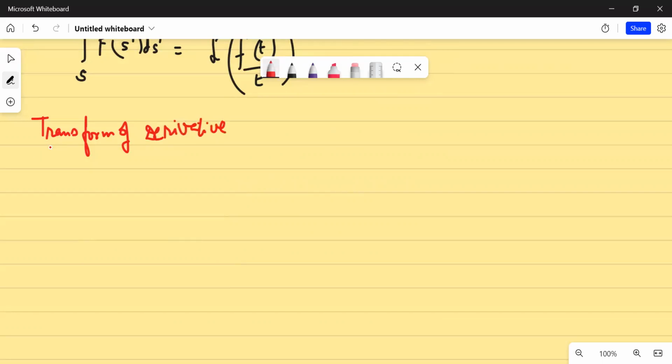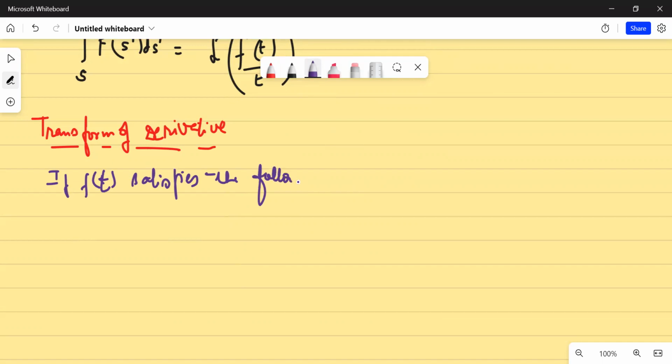So for example, if my function f(t) satisfies the following conditions. What are the conditions? Just give me a minute.